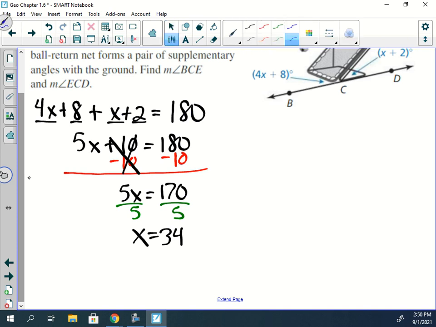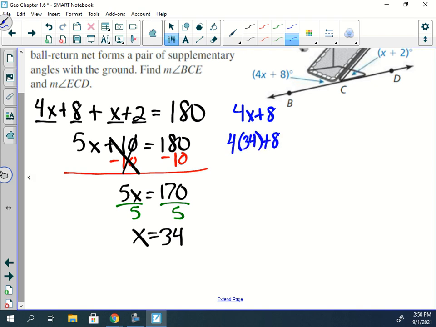So are we done with this problem here? What did it ask for? Measure of BCE and ECD. We have to plug it back in. So we can take 4x plus 8, and we'll plug in 34.